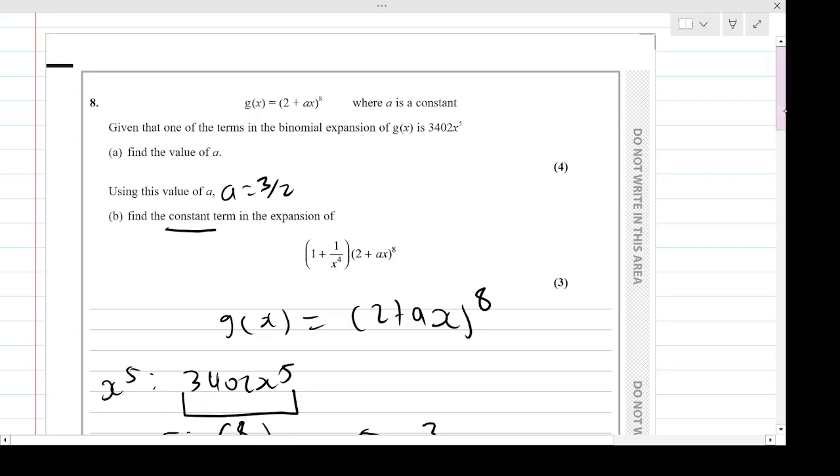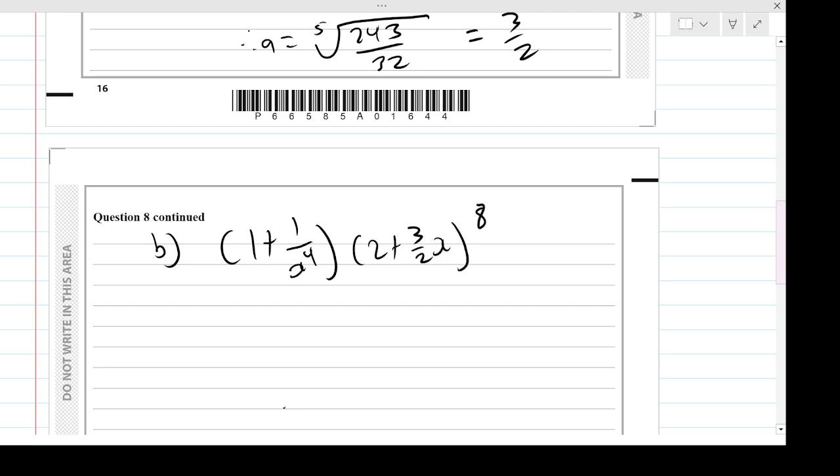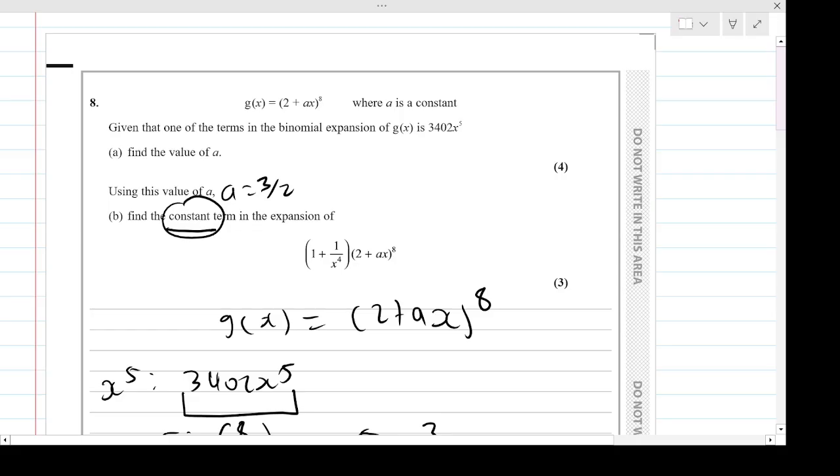If I jot that down: (1 + 1/x^4) times (2 + (3/2)x)^8, since a is 3 over 2. And it wants me to find the constant term. Constant means there's no x involved.